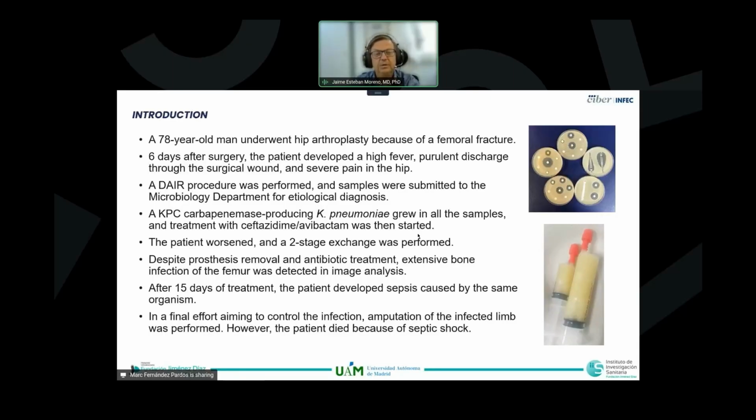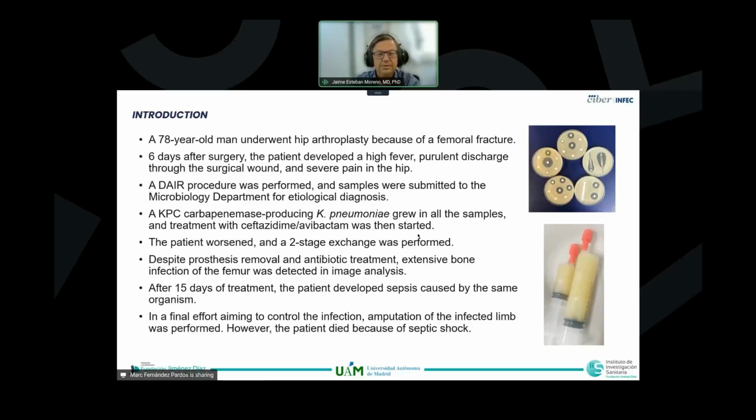A procedure was performed, and samples were submitted to the microbiology department for the etiological diagnosis. In the samples, Klebsiella pneumoniae producing carbapenemase, KPC carbapenemase, grew in all the samples, and then the treatment started with ceftazidime-avibactam. The patient worsened, and a two-stage exchange was then performed.